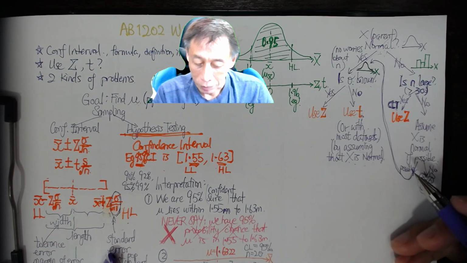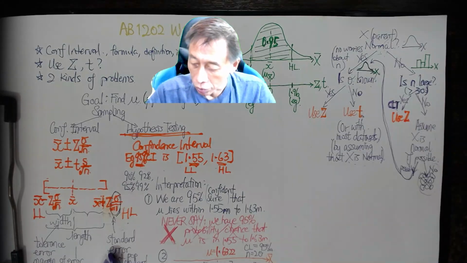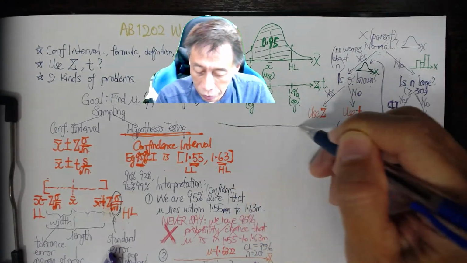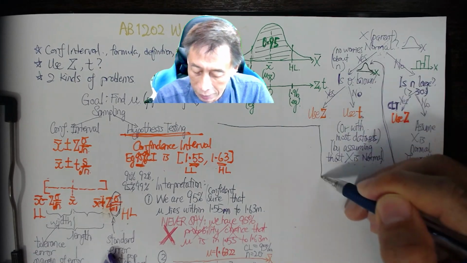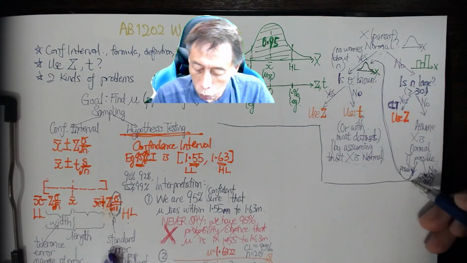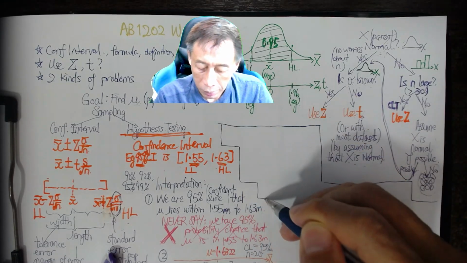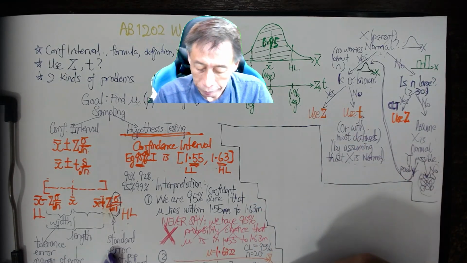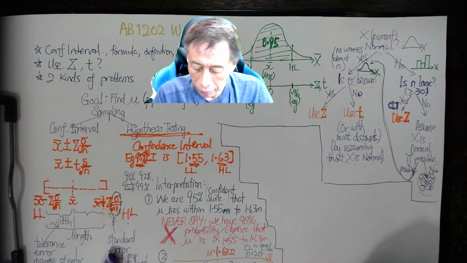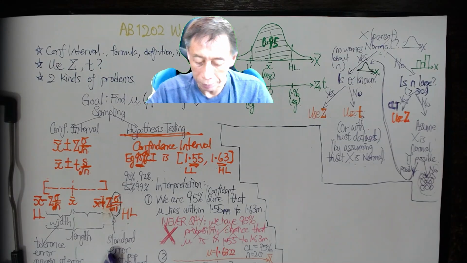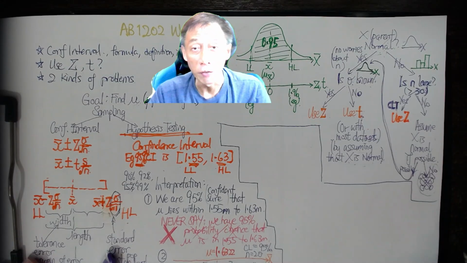Okay, so let's just draw the boundaries of our discussion, and we are coming to the last point on the two possible kinds of problems you might encounter, only two, during exercises or exams involving confidence intervals.